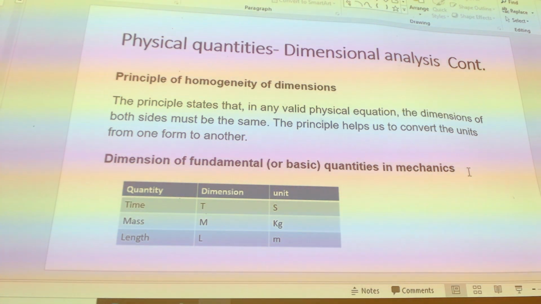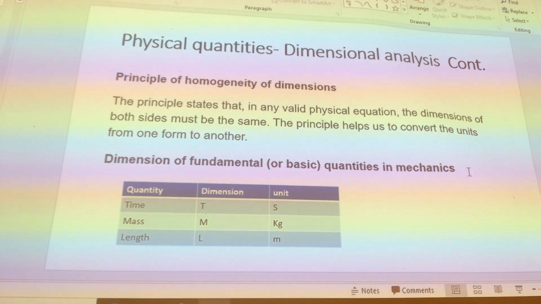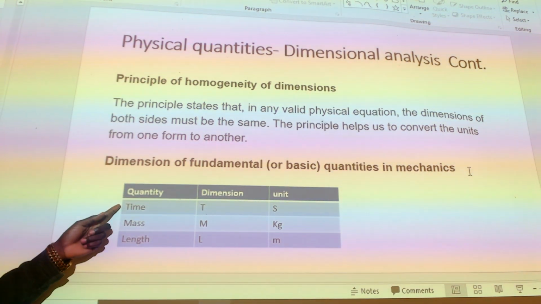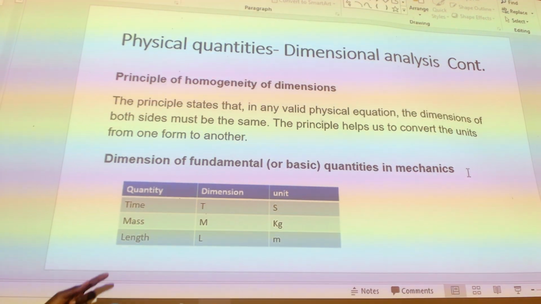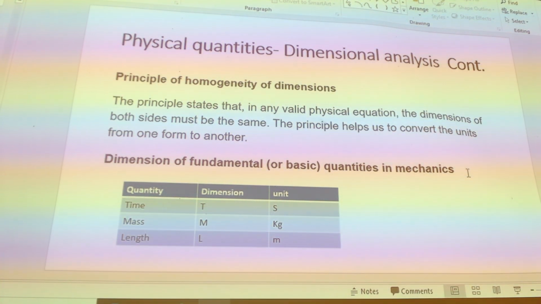So the next point again, we consider the dimension of fundamental quantities. As we discussed, we have three basic fundamental quantities: time, mass, and length. So in this form, what are the dimensions of these quantities?